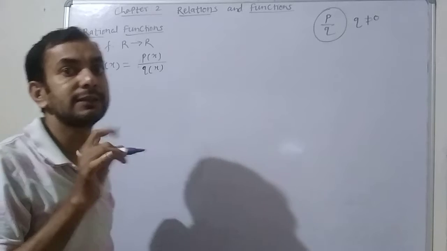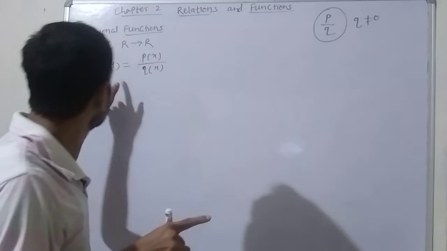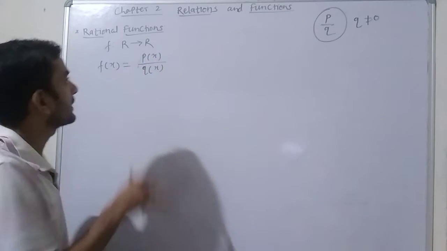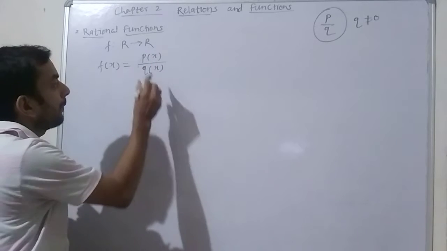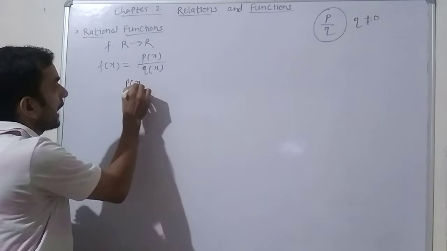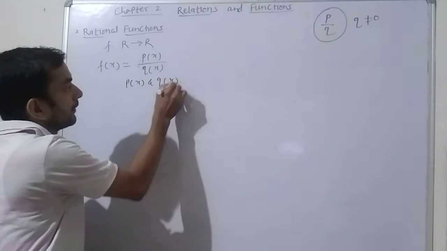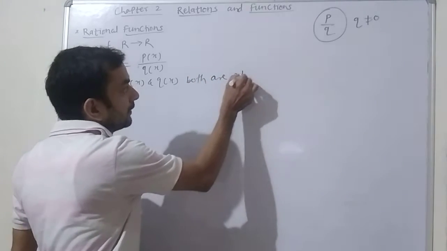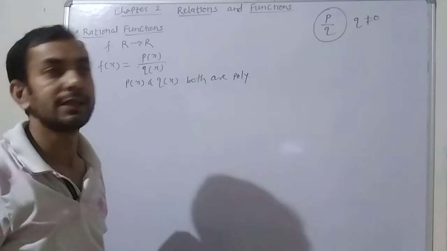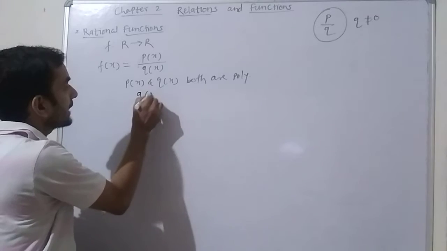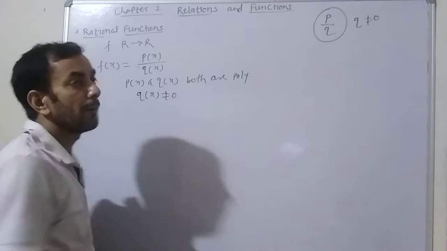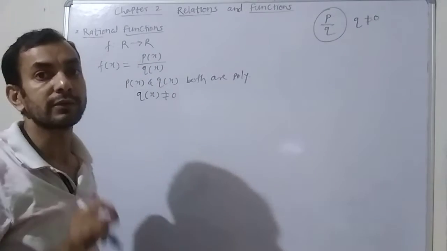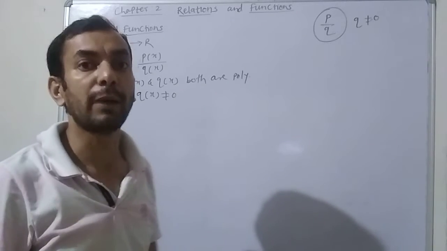तो रैशनल फंक्शन किस फॉर्म में डिफाइन करेंगे लोग? f ऑफ x इक्वल टू p ऑफ x डिवाइडिंग बाय q ऑफ x. अगेन दिस p ऑफ x एंड q ऑफ x बोथ आर पॉलिनोमियल्स. ये दोनों क्या हमारे पास पॉलिनोमियल्स हैं. अगेन कंडीशन दिस q ऑफ x नॉट इक्वल टू 0. q ऑफ x की वैल्यू 0 नहीं होना चाहिए. q of x की वैल्यू हम 0 पुट करते हैं तो this function is not defined here.